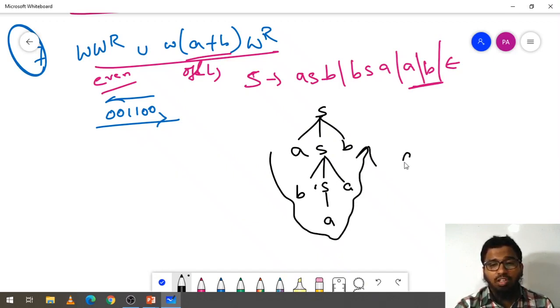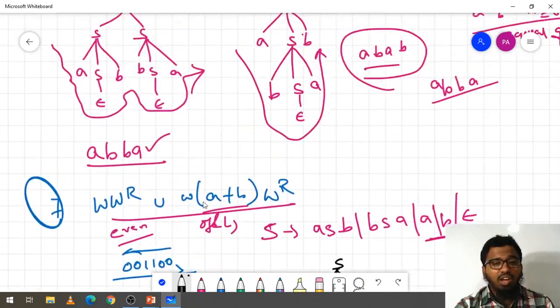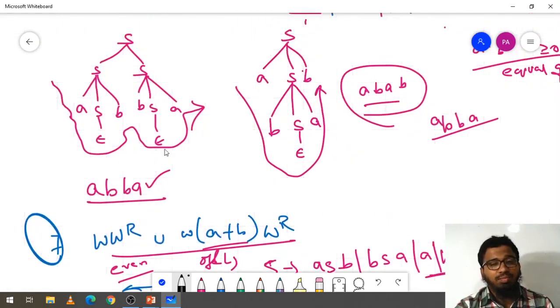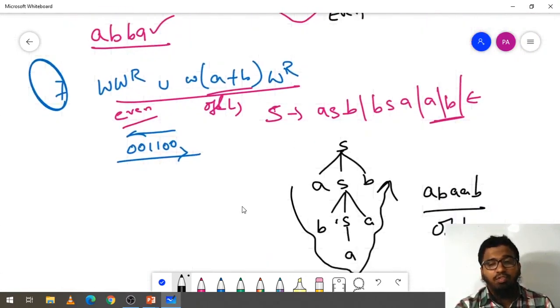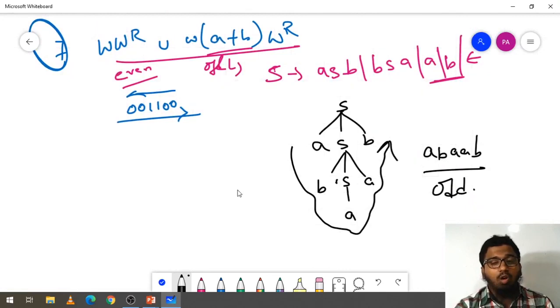What is the answer for this? A B A B A. So here this is odd. If you want even, you need to do like this, even. Okay, so this is the difference between even and odd, and how to make it. With the help of this grammar, for this language, we can make a grammar.